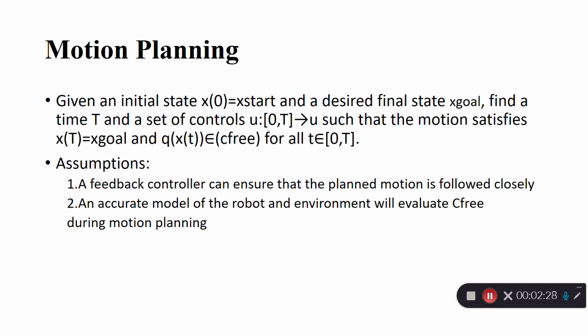And the second one is that an accurate model of the robot and environment will evaluate C space, the configuration, as free during motion planning. So there is no such accurate model, so we have to make an assumption for it, which will evaluate into the free environment where the motion is going.